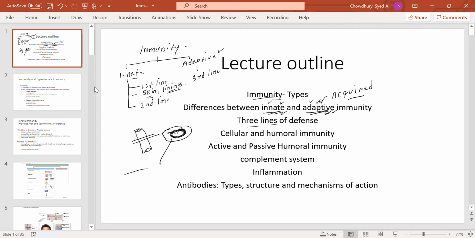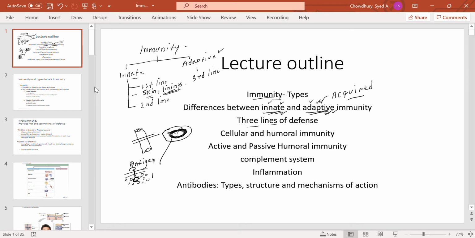Now, if this is your skin and somehow that antigen can pass through the skin or the lining, then what will happen? Under the skin you have the tissue, right? For example, you have the muscle tissue. So this is the tissue under the skin, and if the skin and mucous membrane and lining of your GI tract and respiratory tract fail to stop that antigen, for example this is the bacteria, then it will enter into the body, right?